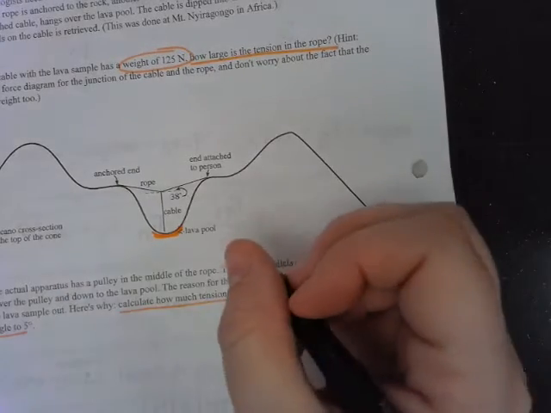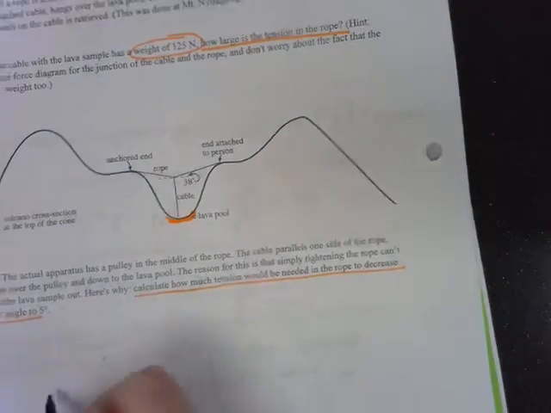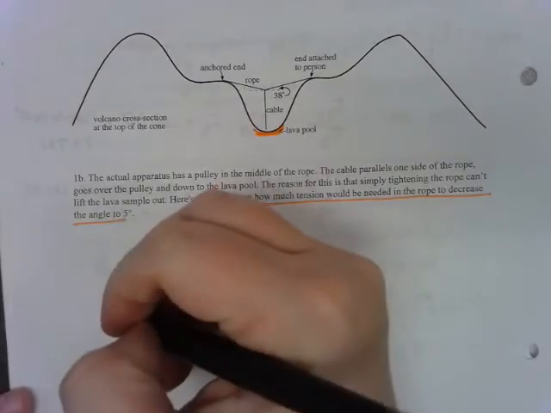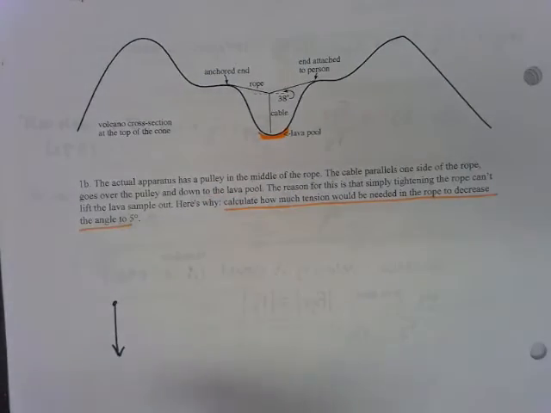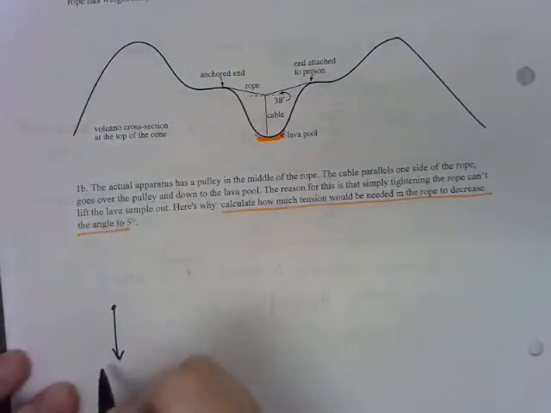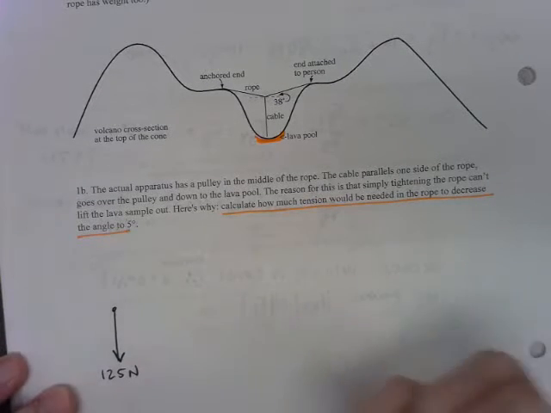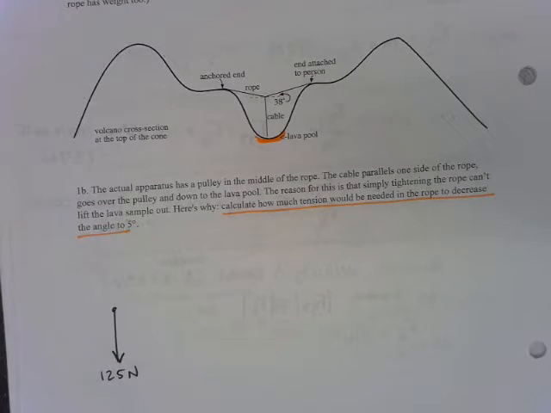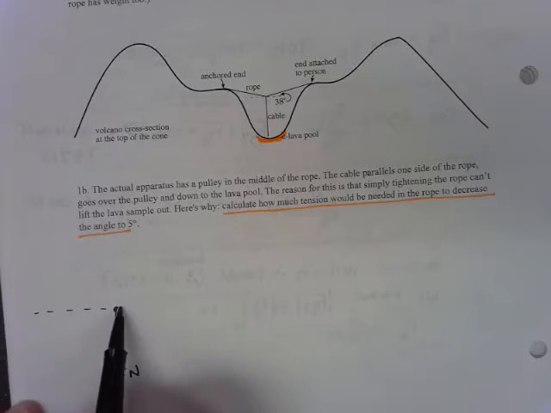All right, so we've got a rope with a junction, right? We've got a cable that hangs straight down, and that cable has a weight of 125 newtons. So far, so good. I'm going to draw a dashed line for horizontal here.